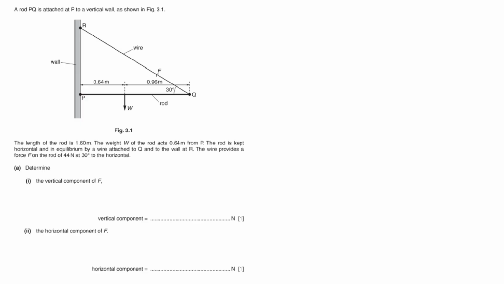Okay. So we need to find the vertical component of F, and to do that we need to find the magnitude of F. In order to do that, we're given the weight W, I think.